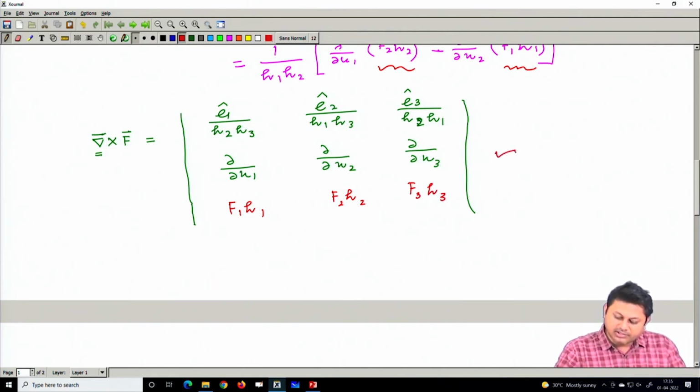So, this is the generalized way to write the curl of any coordinate system.